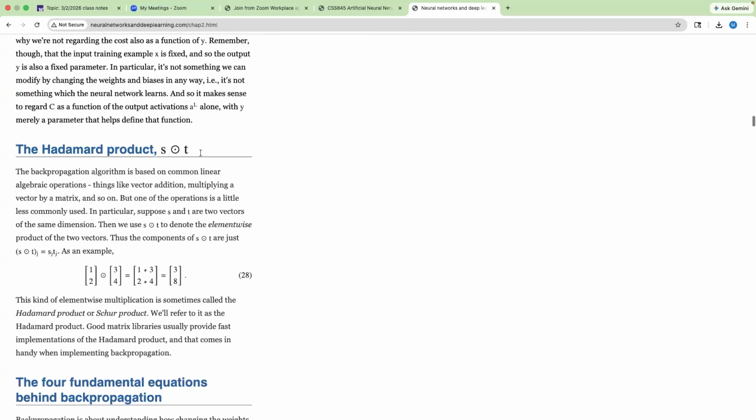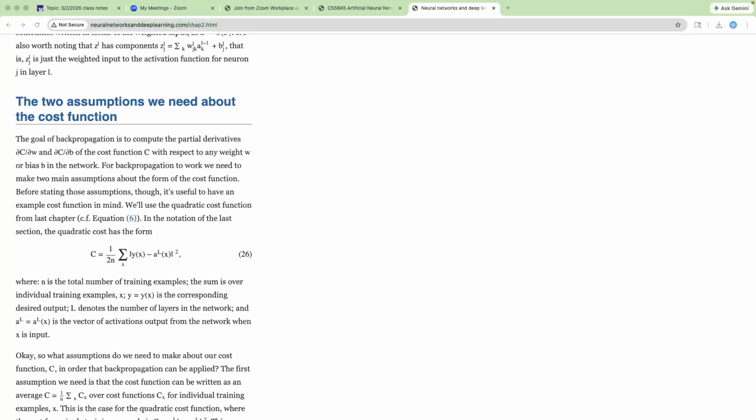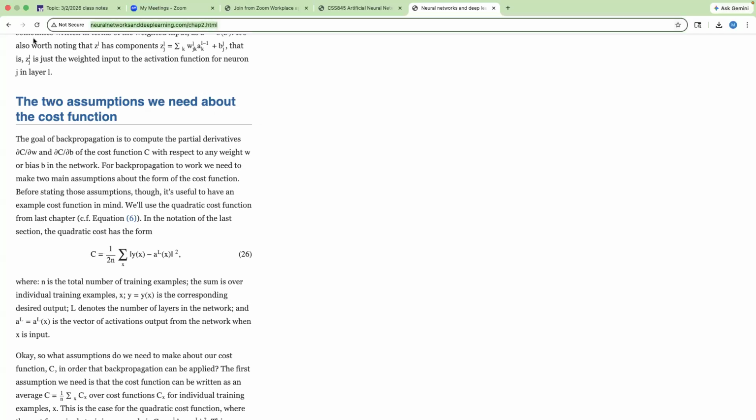So, Bobby, you can also check this one. I'll share it in the chat. Please take a look at this one, and you can also match your equations. Okay, yeah, that sounds good. Otherwise, I'll also take a look at your notes and give some comments. All right, but this book is an excellent resource.